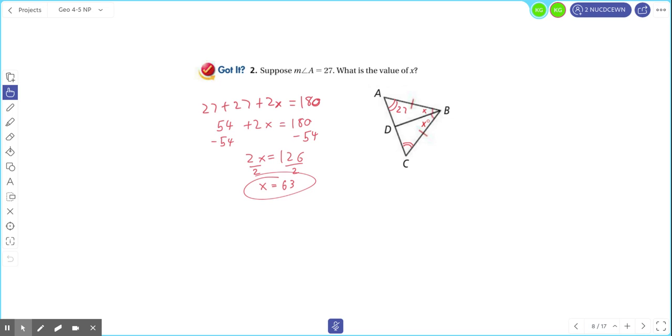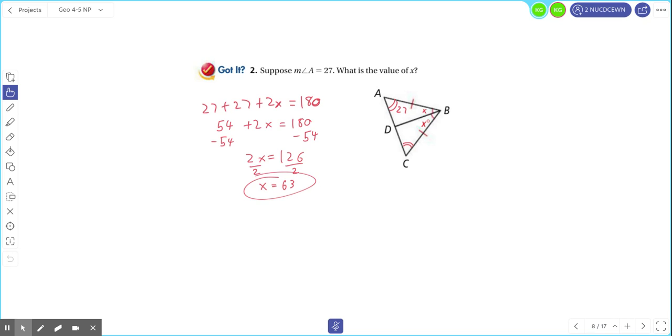All right, so that one ended up being x equals 63. I guess it's a good chance to remind you that these drawings are not to scale. You can't trust how it looks.